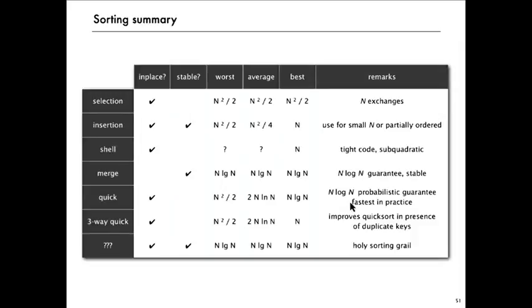And it's the fastest and most useful in practice, particularly if you make improvements to deal with duplicate keys. And it's interesting to note, we've looked at important and classic algorithms that are widely deployed, but we don't have a useful practical algorithm in wide use that has all of these characteristics: in place and stable, worst case n log n. There are versions of merge sort that come close, but they're too complex for practitioners to have adopted them.